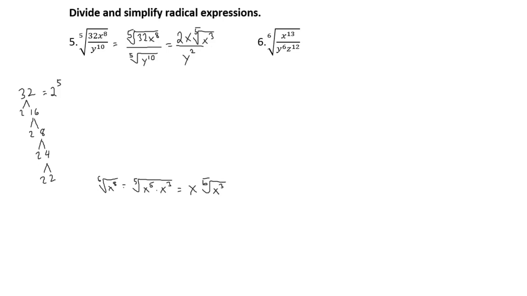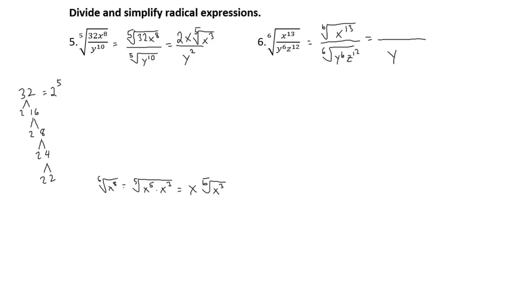All right, now we're doing 6th power. Okay, so we're going to write that as 6th root x to the 13, 6th root y to the 6th, z to the 12th. So on the bottom, those are perfect roots of 6. So 6 divided by 6 gives us y.